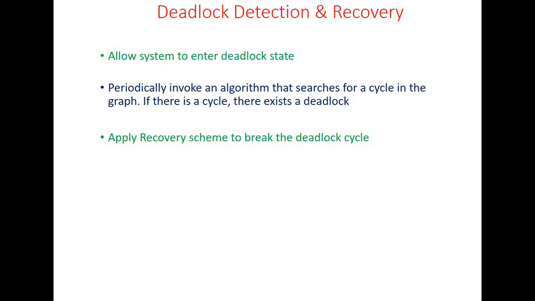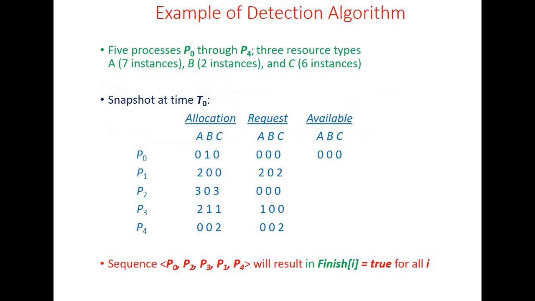So that is called an unsafe state. Once that unsafe state is reached, we check whether a cycle exists in the system or not. Once the deadlock cycle is identified, then we will apply a recovery scheme to break it. How frequently we verify for the cycle all depends on the operating system.